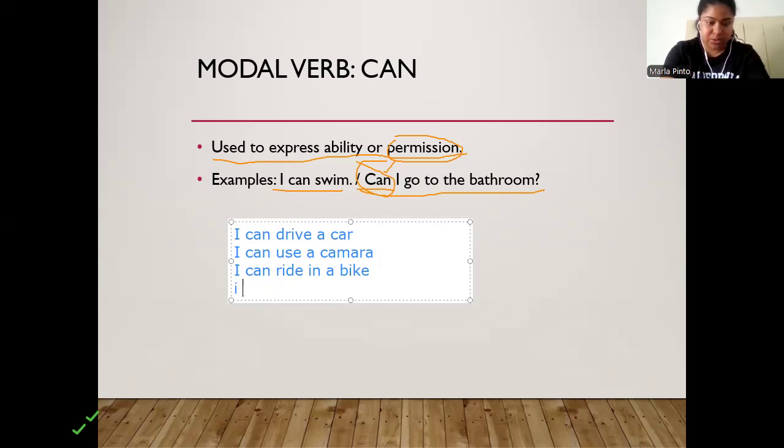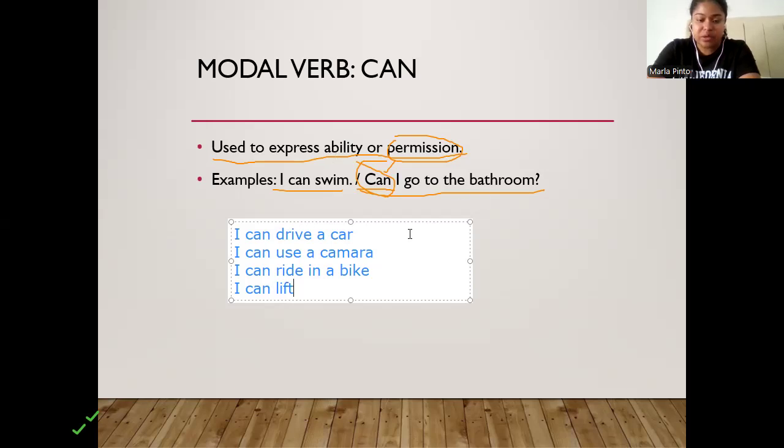I can live, for example, I can live. These are, in this context, abilities.